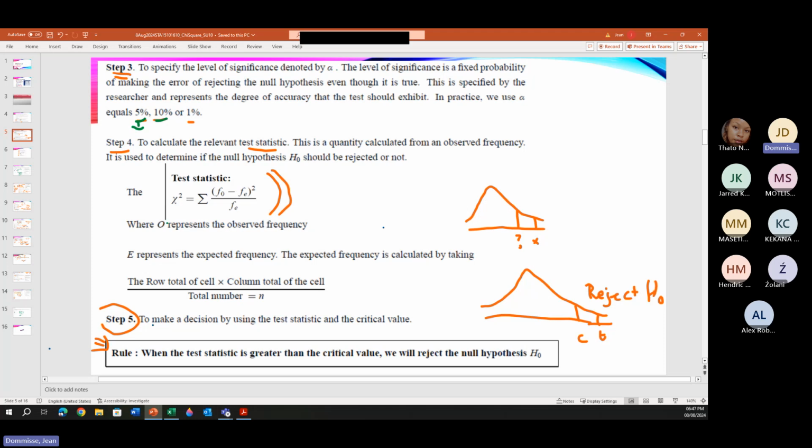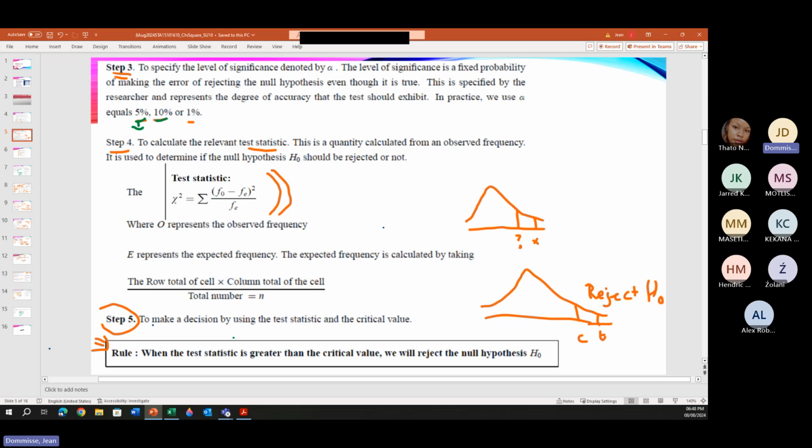And then the final one, like in study unit 9, we need to make a decision. So we need to say if we reject the null hypothesis or not. The big difference is in this rejection, where with chi-square the only thing that we're looking at is whether it is dependent or not. So if the test statistic that you calculated is bigger than the critical value, we reject the null hypothesis.